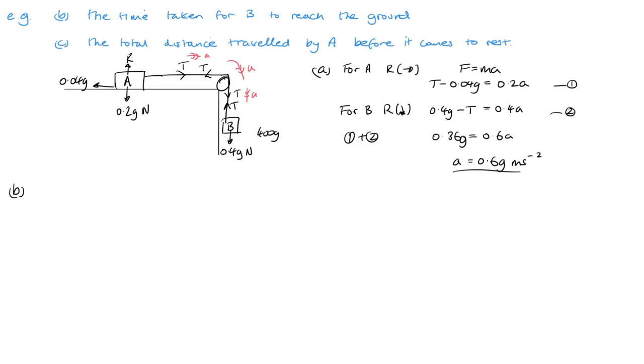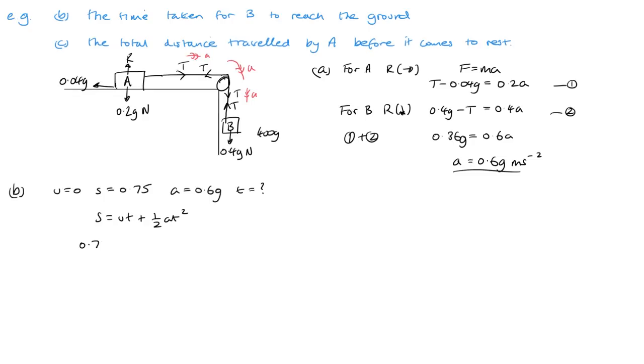So the time taken for B to reach the ground, well, we know that it starts off at 0 for speed. S is 0.75, a is 0.6 g, and t we want to find. So s equals ut plus a half at squared.